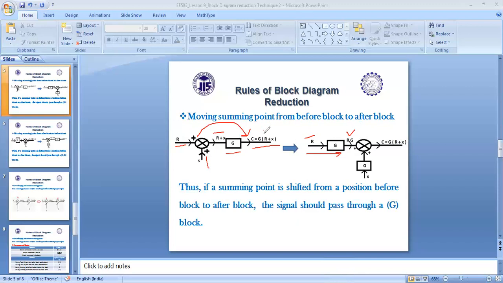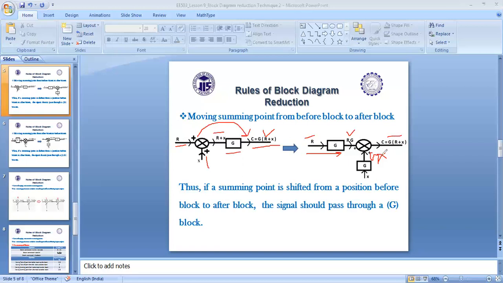As the output is G into R plus X, that is RG plus GX. RG is here. This signal should be GX. If this signal is GX, then it will be RG plus GX.